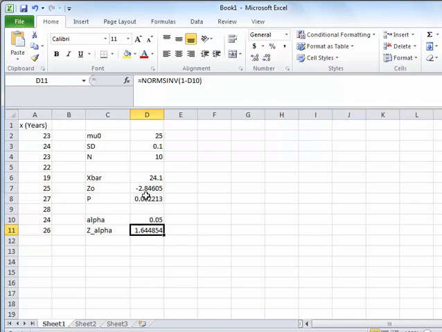And in our case, our z naught is much lower than our z alpha value. This further reinforces, in addition to what we've already seen with our probability, that we can essentially reject the null hypothesis. So using both of these steps, both the probability and the z alpha, we've been able to determine that we do in this case reject the null hypothesis.